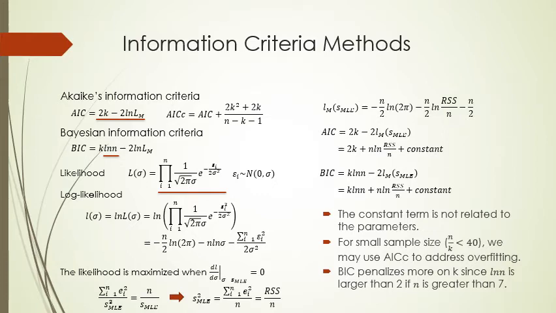If we compare AIC and BIC, we find BIC penalizes more on k, the number of parameters, since log n is larger than 2 if n is greater than 7. Thus, AIC tends to choose models with more parameters, and BIC prefers models with fewer parameters.